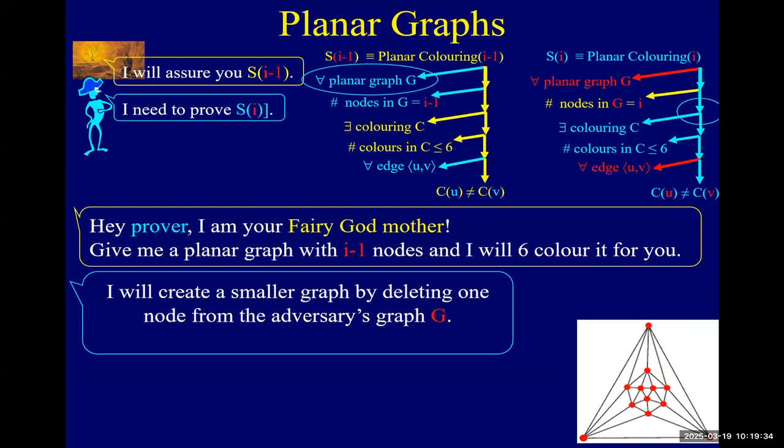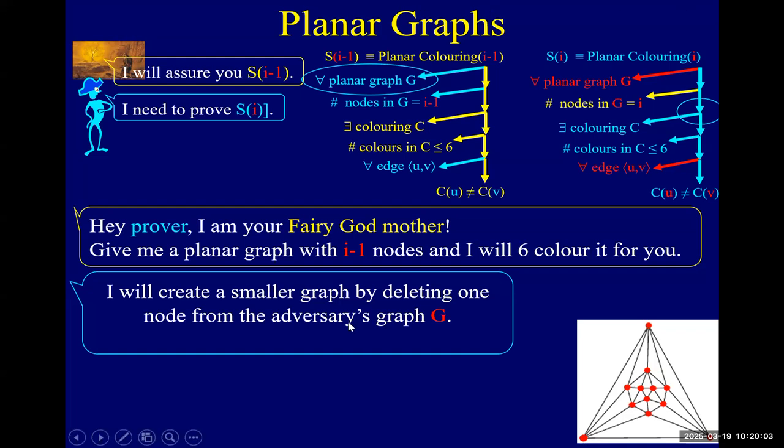I have a graph with I nodes, right here. And she wants a graph with I minus 1 nodes. Remember what we did in all the tests is I gave a hint, and my hint was divide the number by 2, right? Well, now my hint is take off a node, right?